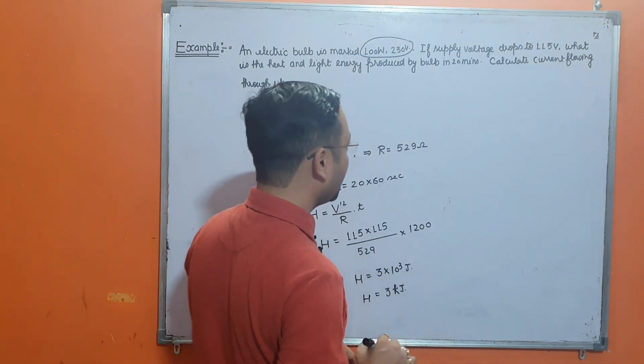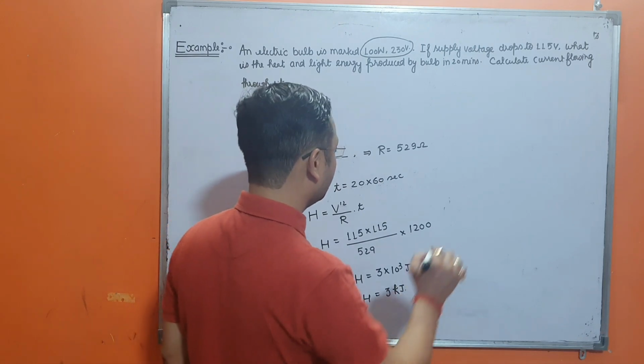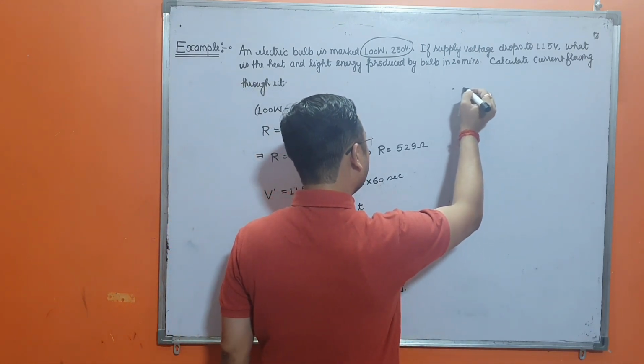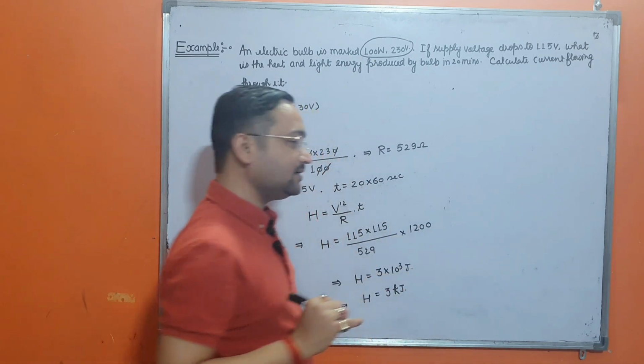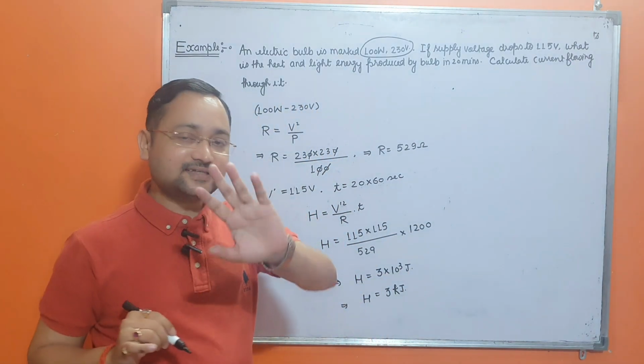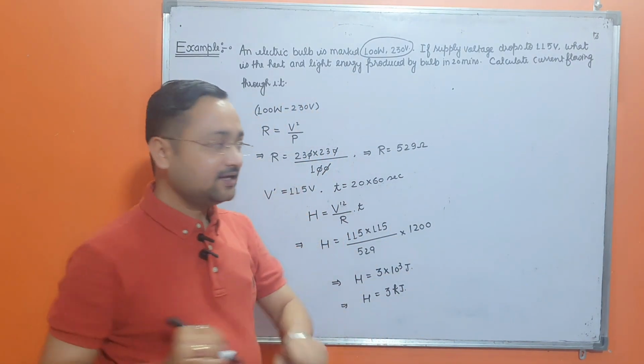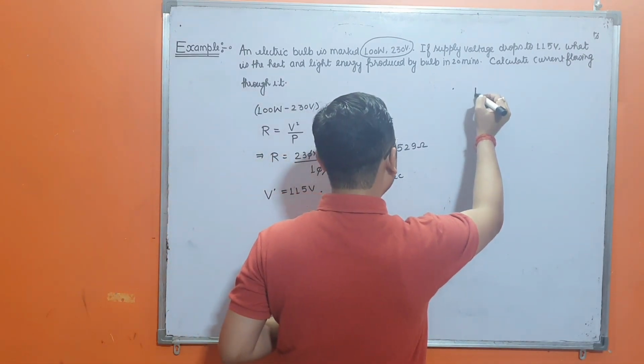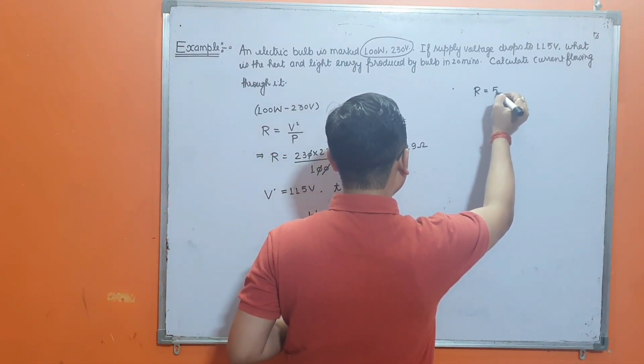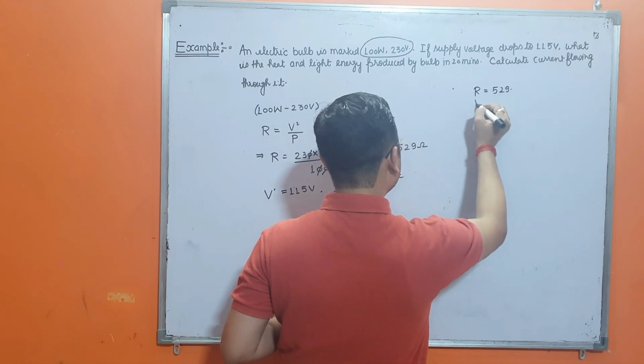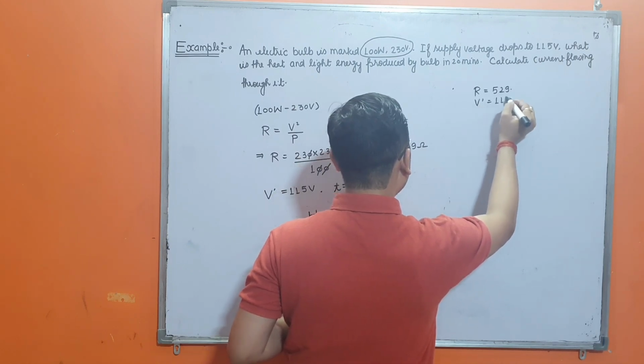Now next, it says calculate the current flowing through it. Beta, when you change the voltage, it doesn't mean the resistance of the component changes. The resistance of the component will be the same, right? So the resistance of the component we have is 529 ohm. But now your supply voltage has changed. It becomes 115 volt.